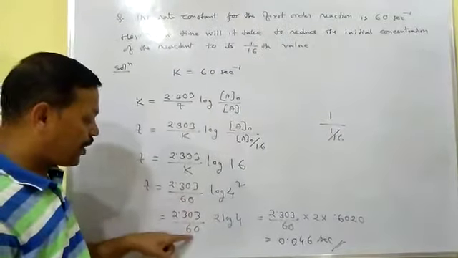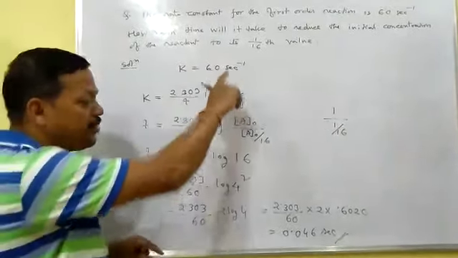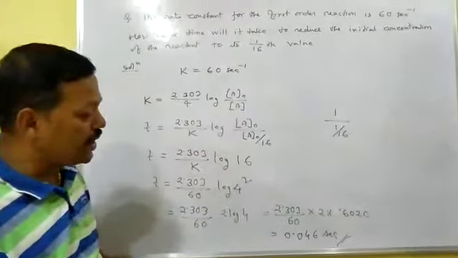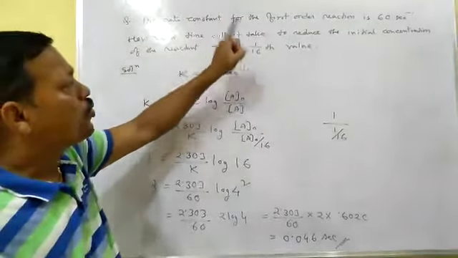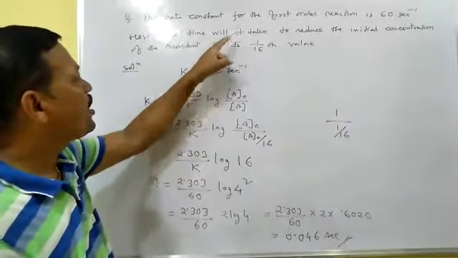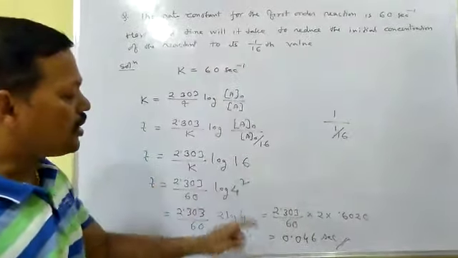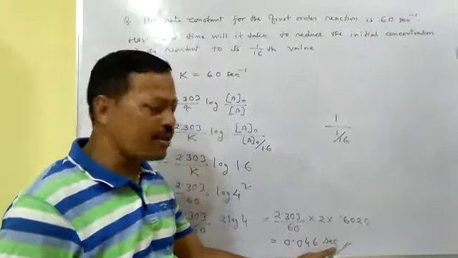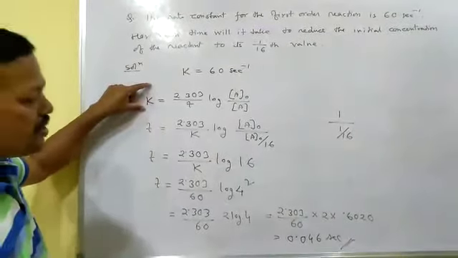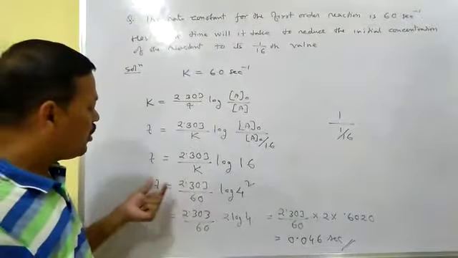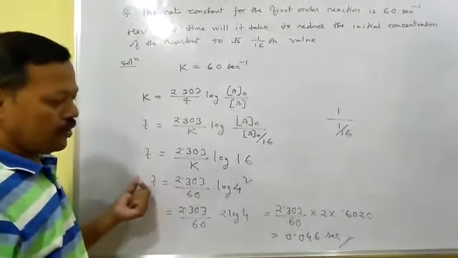Because the rate constant value is given in second inverse, so the resultant unit comes to second. So the time required to reduce the initial concentration of the reactant to its 1/16 value is 0.046 second. Like this way, by applying the integrated rate equation, you can find out the time.